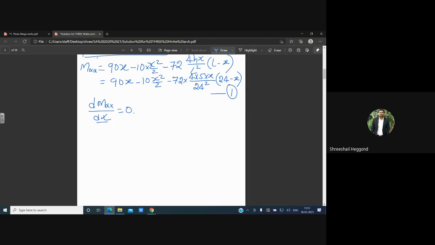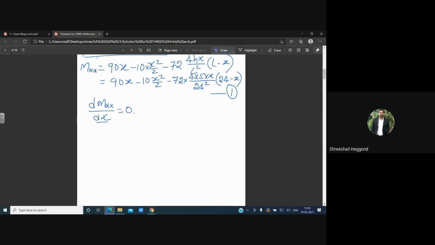I think many of you have studied this in our previous maths classes, or in your 11th, 12th, the differentiation and integration are well known to you people. Differentiation of 90x is how much? 90.